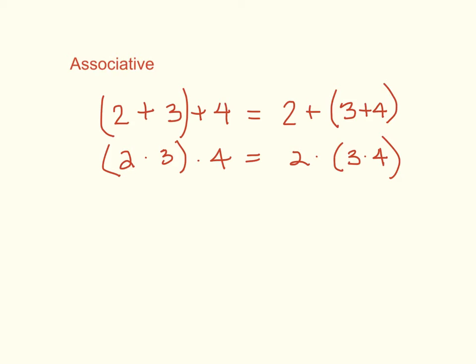This is called associative because I'm associating different numbers together in different orders using parentheses. In algebra, it might look like this. And I guess you can guess what's coming next.